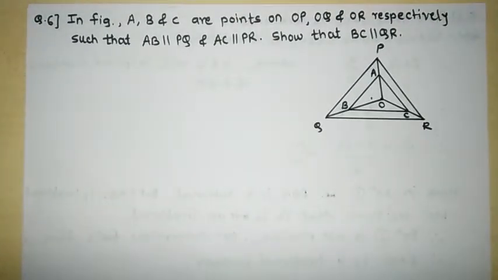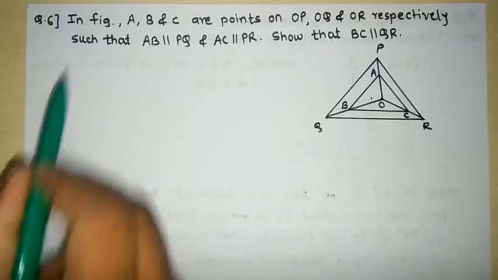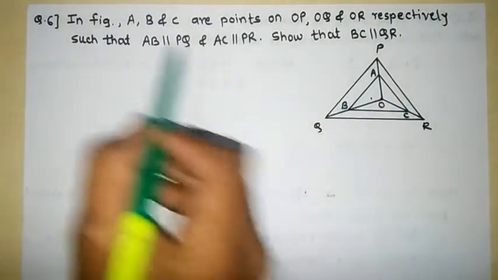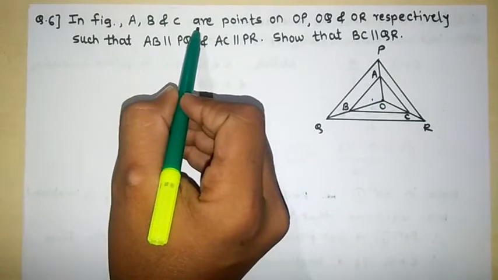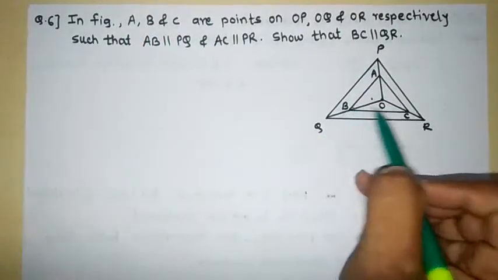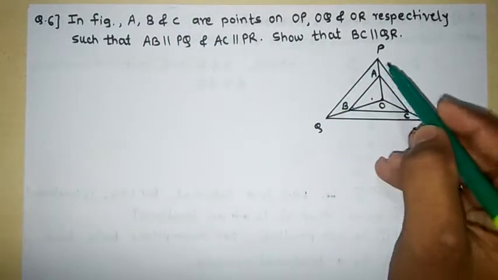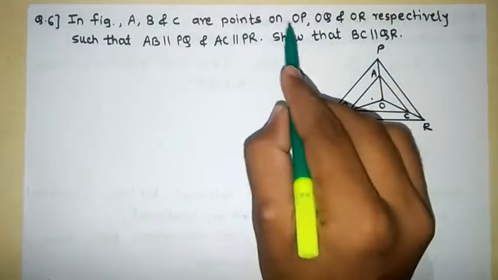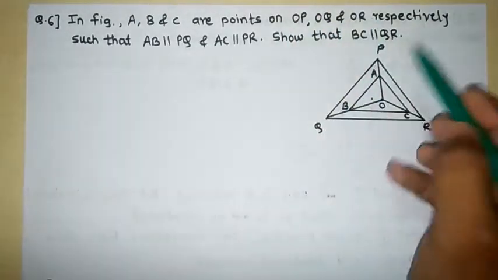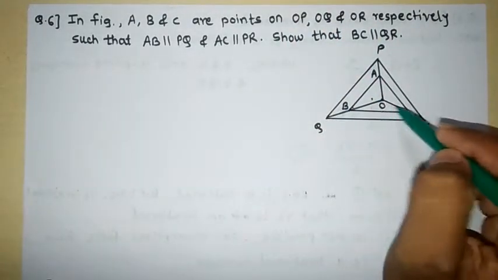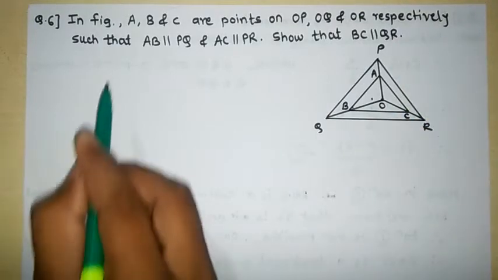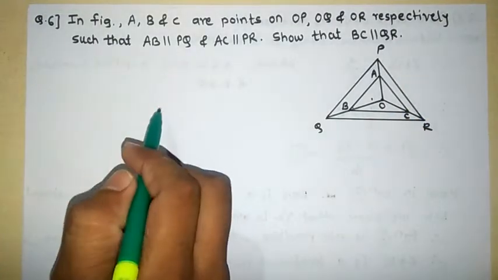In question number 6, see here in the figure, A, B and C are the points on OP, OQ and OR respectively, such that AB is parallel to PQ.